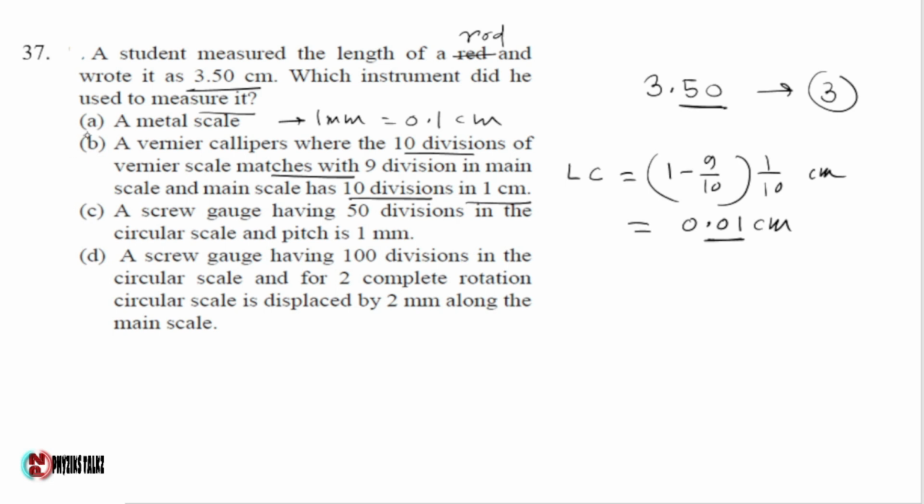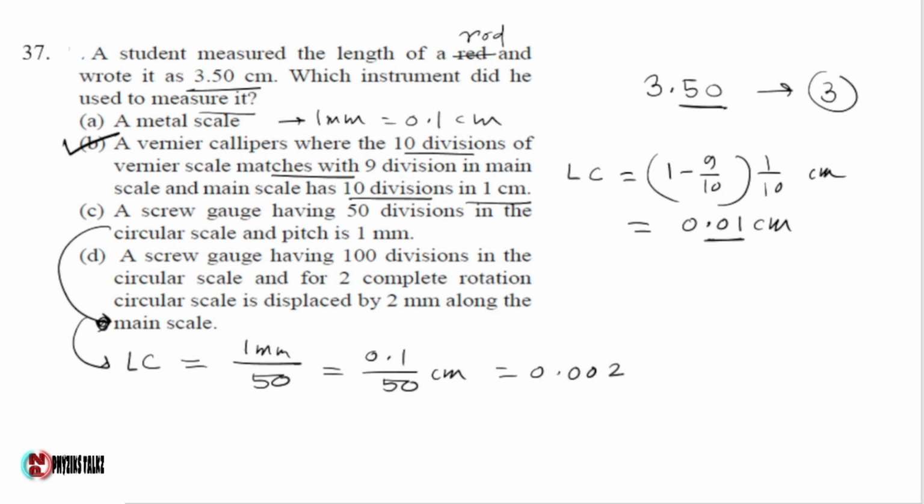So this is the correct instrument to measure, but option C has the least count of 1 millimeter by 50, which is 0.1 by 50 centimeter, which is 0.002 centimeter, and option D has the least count of 1 millimeter by 100 divisions, which gives 0.001 centimeter.